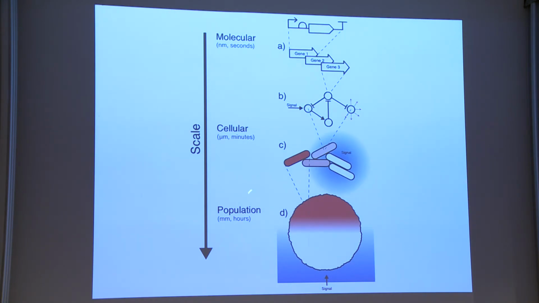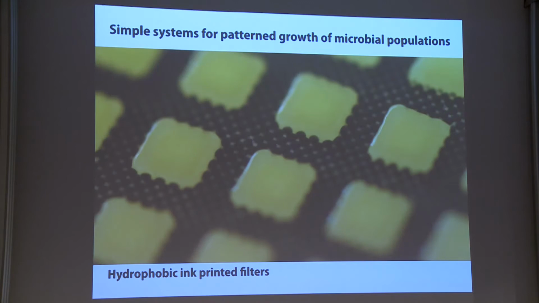But if we want to move towards population-based interactions, we have to move up in scale to sort of millimeter scales. So we've developed this, I think, quite interesting system for experiments, which is very simple, but it's based on use of membranes, which have this black stuff here, a hydrophobic ink, which is printed onto these filters.